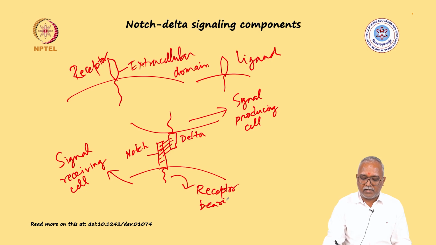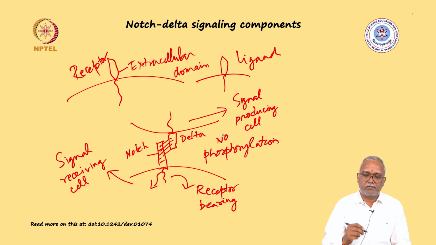We will see some similarity between Notch-Delta and EPH-ephrin signaling, which we saw in previous classes. Here again, since both of them are membrane bound, signaling will continue into this region. Unlike EPH-ephrin, here the receptor is not undergoing phosphorylation.